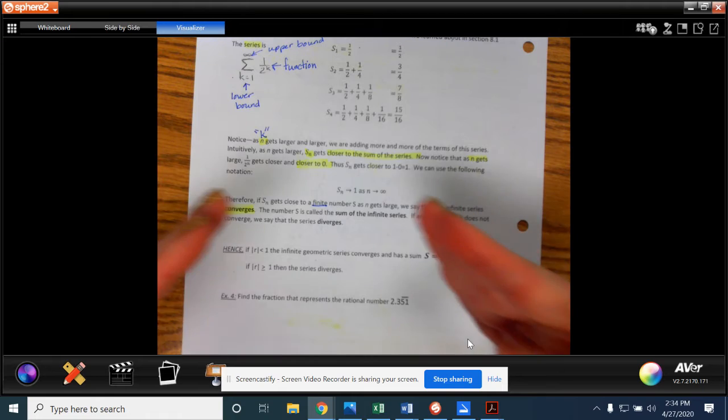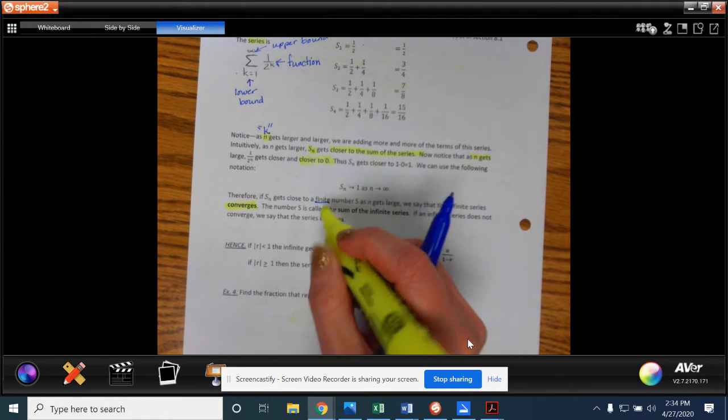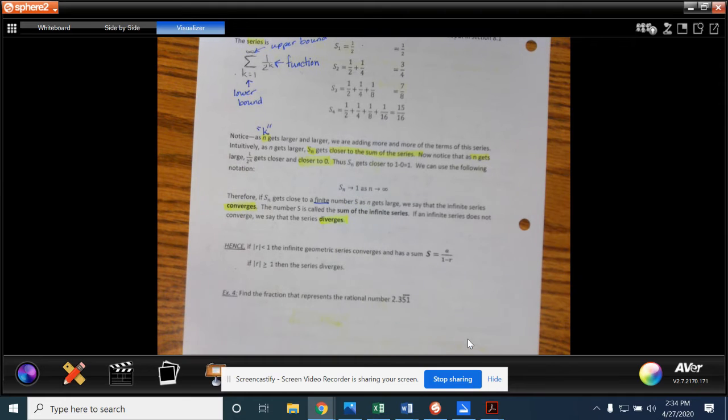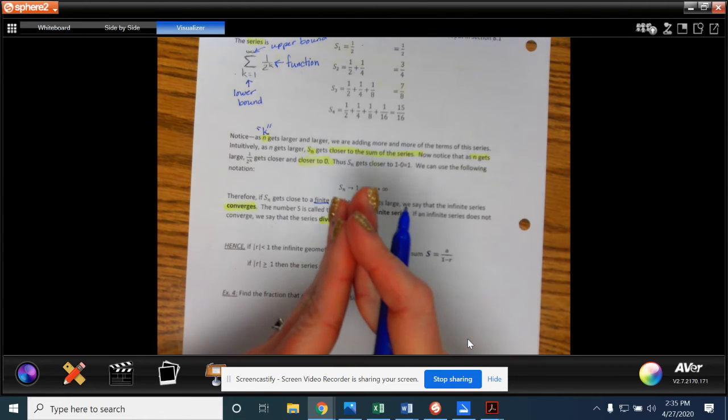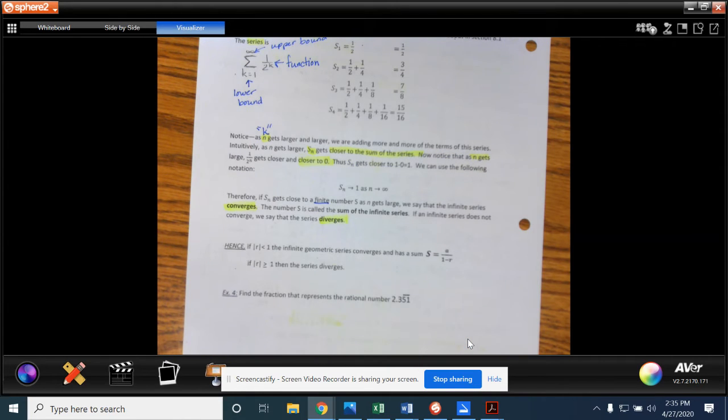Converges is when they come together and get closer to a spot, a point, and that would be a finite number. S is called the sum of the infinite series. If an infinite series does not converge, then it diverges. Well, if you can't come together, you're going to actually go apart. So converge, come together, and diverge, they actually grow apart.